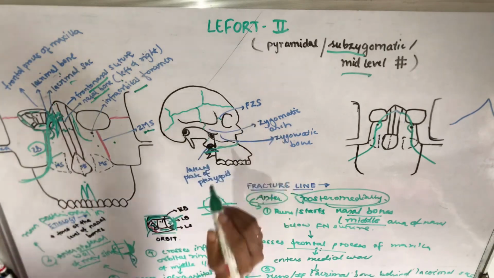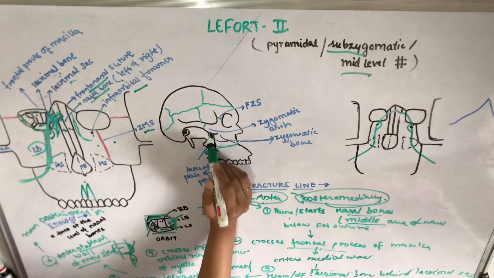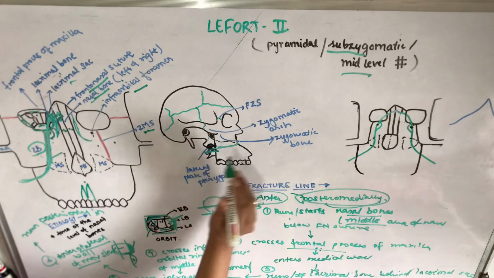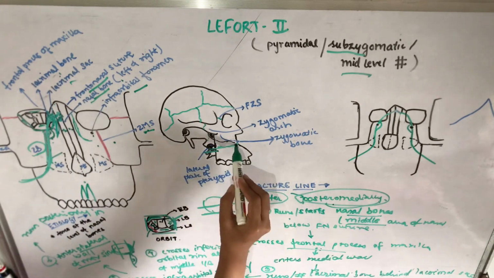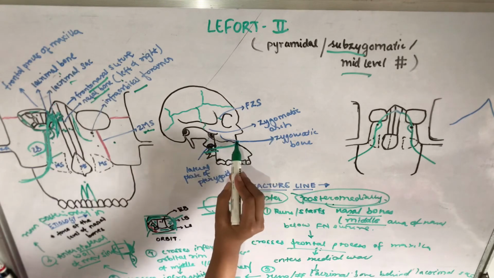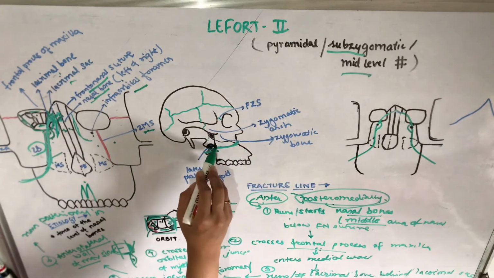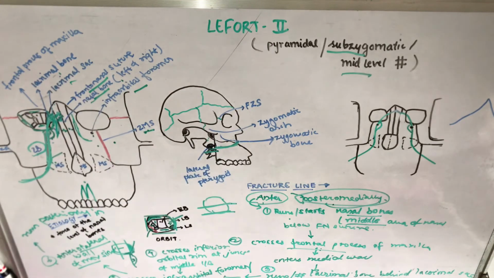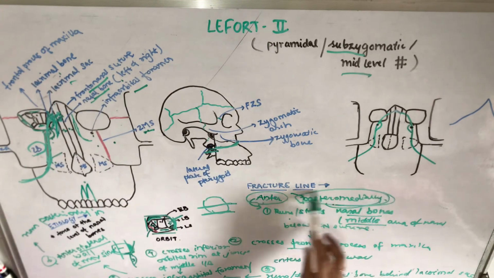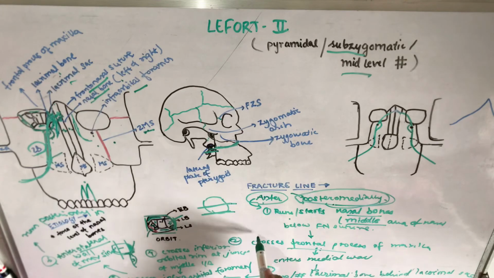But now in this Le Fort 2, this pterygoid plate is fractured at the middle 1/3. So this is all about the posterior-medial, and this is all about the fracture line of your Le Fort 2.